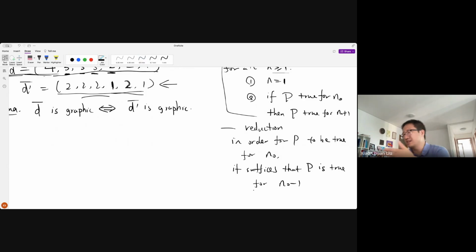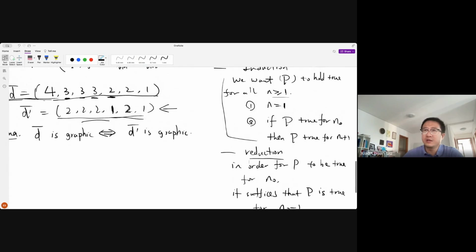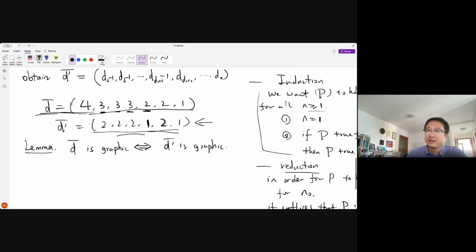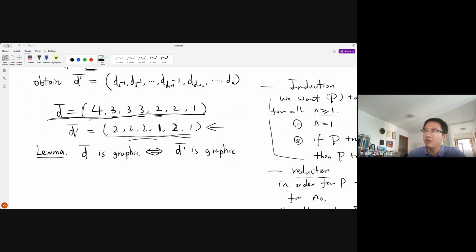Okay, so it's the same thing, right? But this kind of thing we call reduction, very informally. Depending on how you understand this, it's kind of an induction or reduction process.